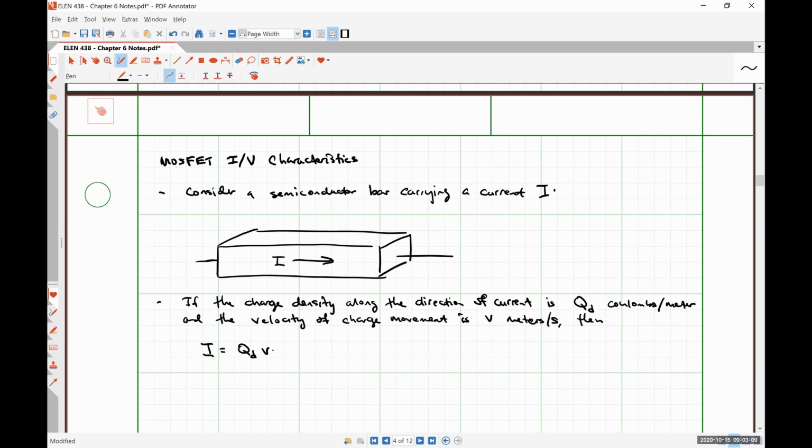So coulombs per meter multiplied by meters per second gives us coulombs per second, which is amperes or current.